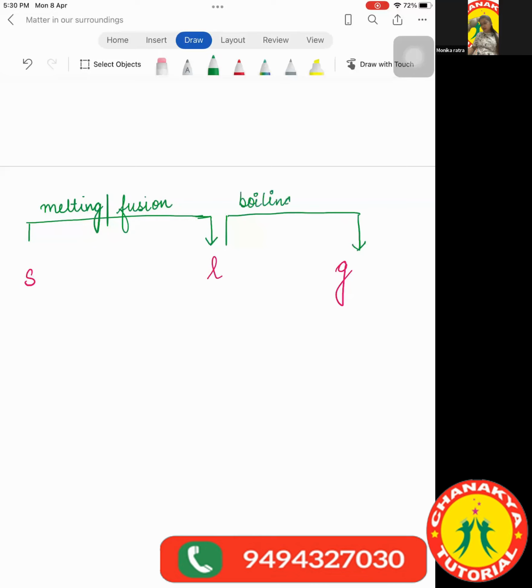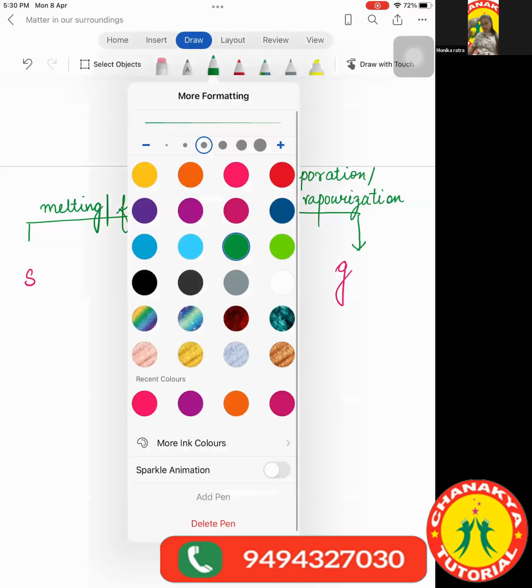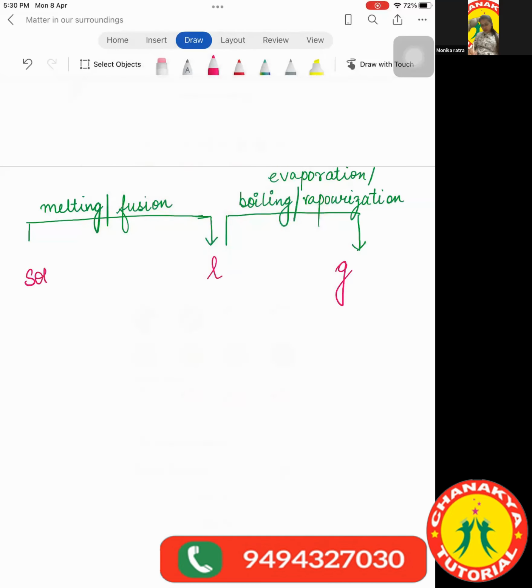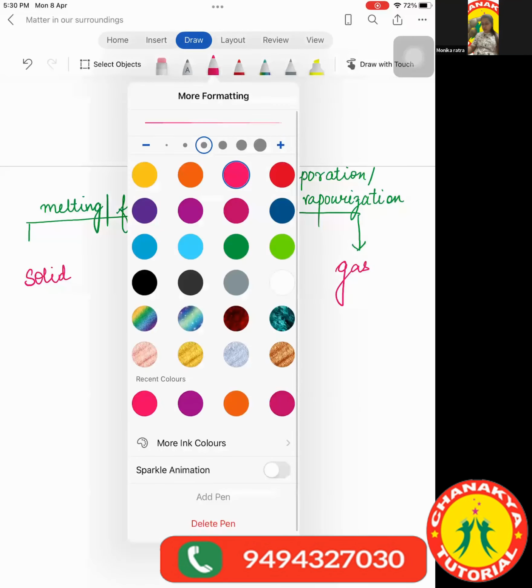So I'm writing all the three names, then I will give you the definition. Boiling, vaporization, or sometimes you must have heard about the conversion of liquid to gas as evaporation also. Clear children? Any doubts still here? No, ma'am. Okay. I'm just telling the names for now, then I will give you the definition also.